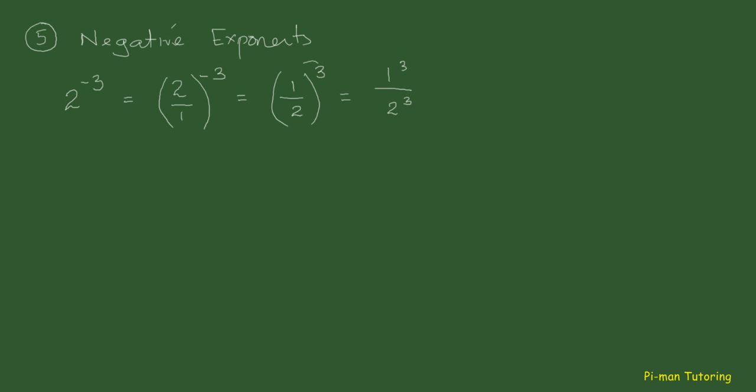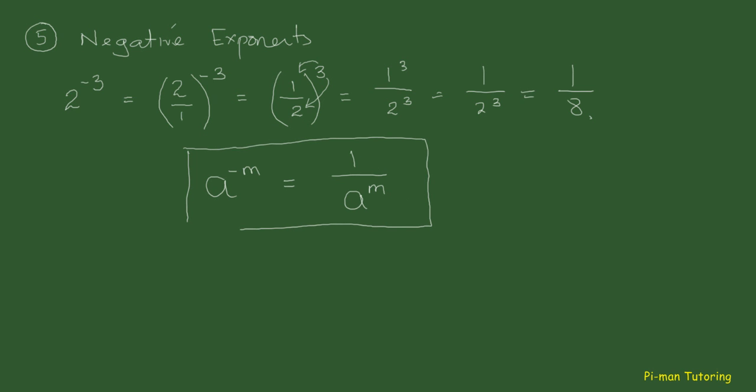Applying the exponent to the top and to the bottom of this fraction, which is just 1/8. So algebraically, we can write that a to the minus m is equal to 1 divided by a to the m. So when we have a whole number for the base, we can use that expression.